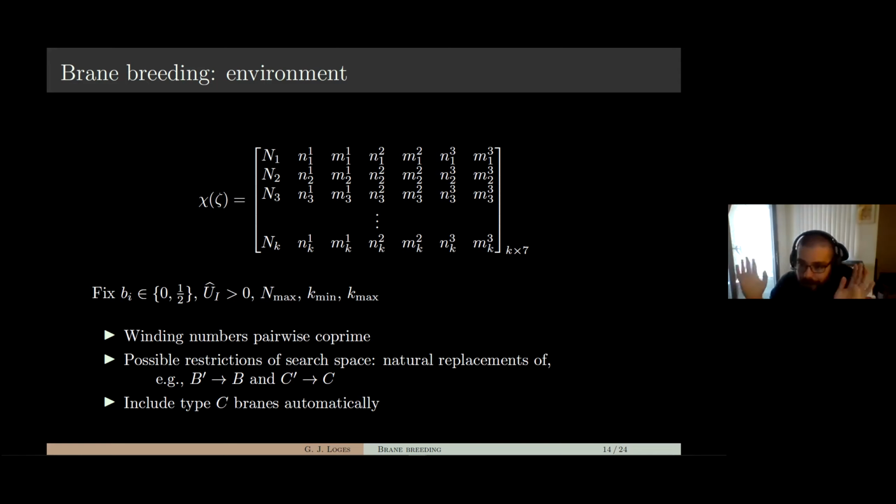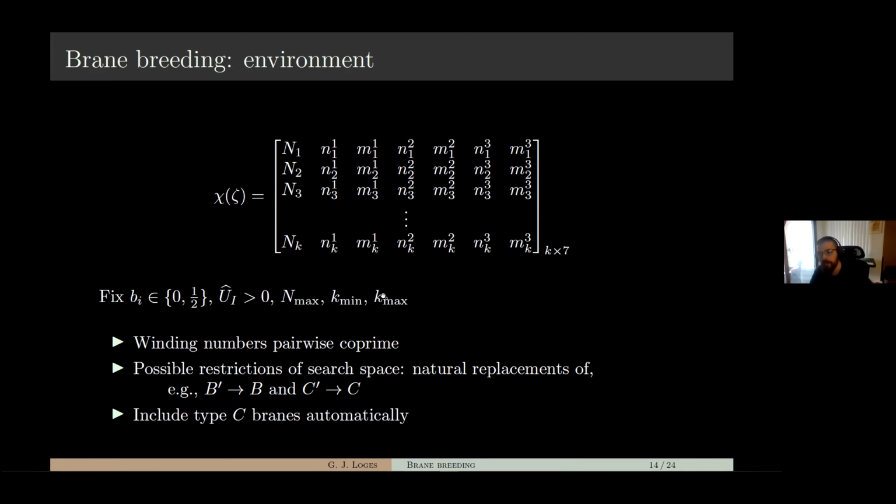In order to put everything in a finite box, we'll bound the maximum size of the multiplicity, and also we'll put some fairly generous bounds on just how many stacks can be present. What we find is that typically we're looking at solutions which have on the order of 5 or 6 brane stacks. And so we just put Kmax as 10 and it doesn't restrict it too much. But just so that we have something finite to work with.